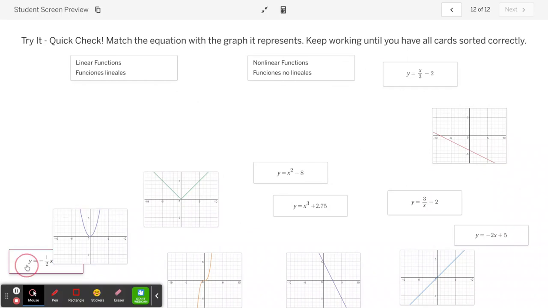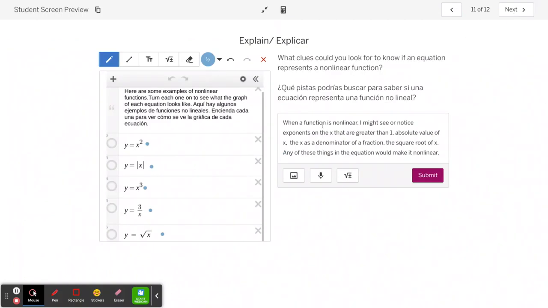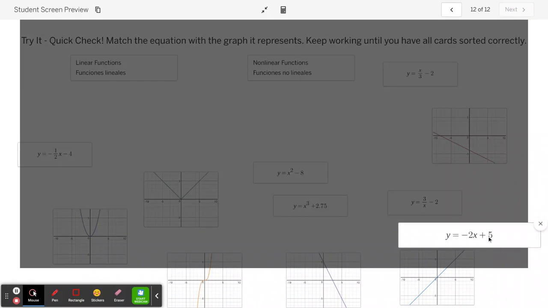The equations might get a little bit tricky, but that's where you go back to slide 9, read what we wrote, and slide 11. Anything with an exponent, an absolute value symbol, x on the bottom, any of those are going to be non-linear, okay? If it can be written y equals mx plus b like this one, it'll be linear.